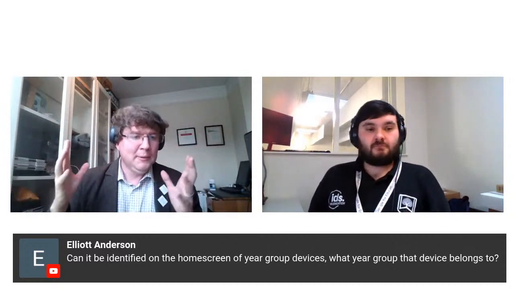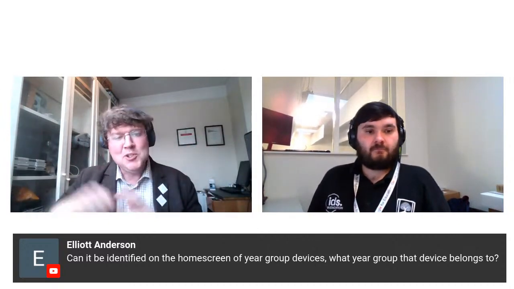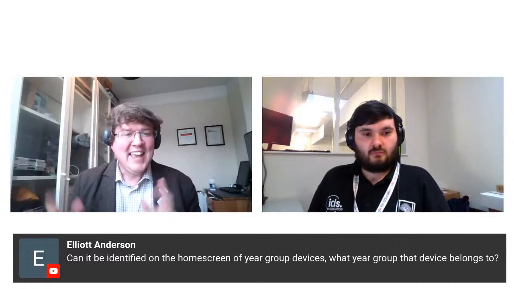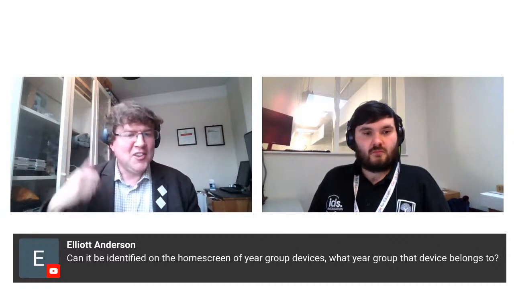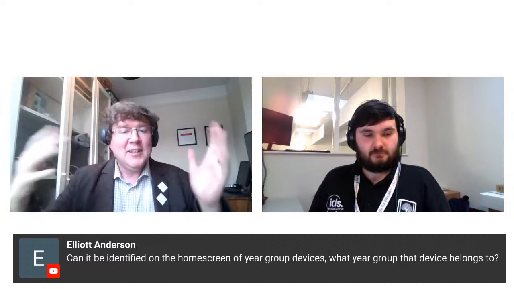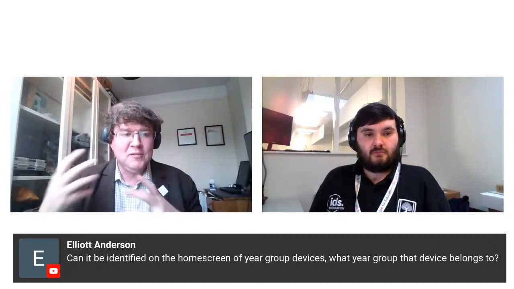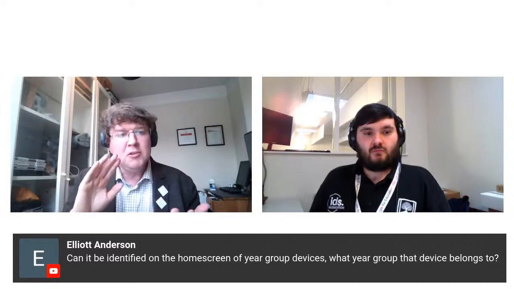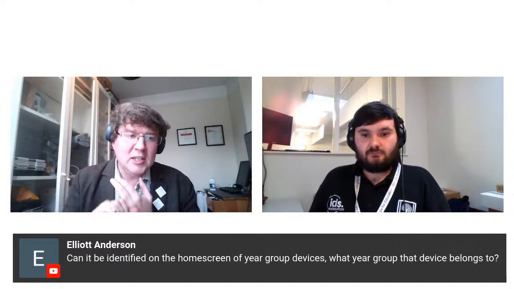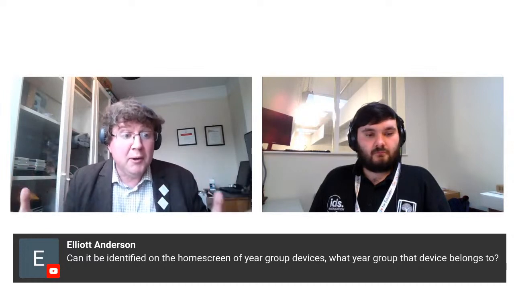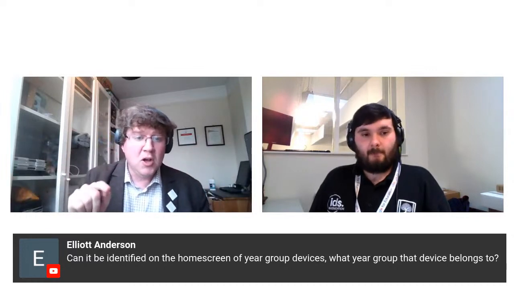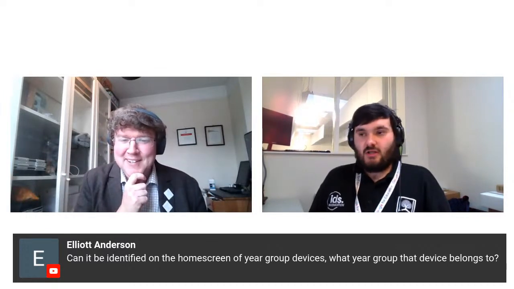I used to know off the top of my head that if a Chromebook started up and it had a bright green screen, it was actually a year 7 device. I think year 8 was yellow and year 9 was blue, and so on. They all had the same school logo, but we used colours to know where devices were, because both in the user settings and in the device settings, you've got that option to upload the backgrounds. So my advice would be backgrounds, unless you think of a different way, Dan.